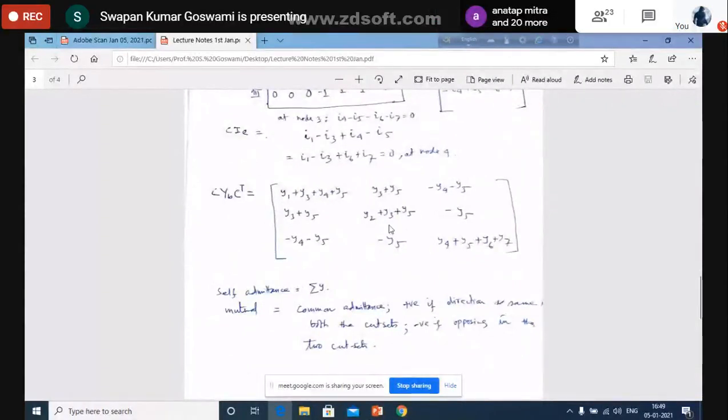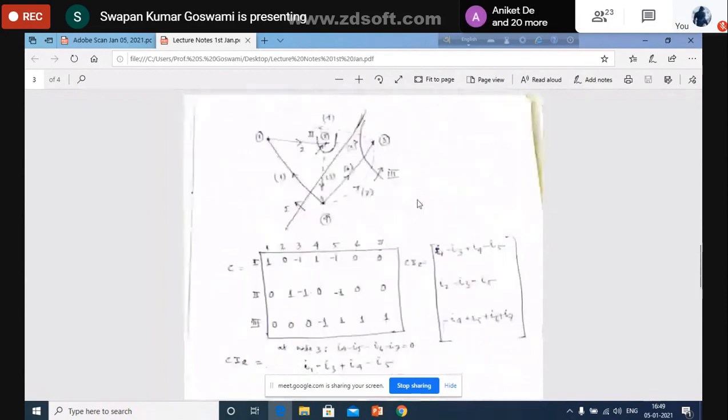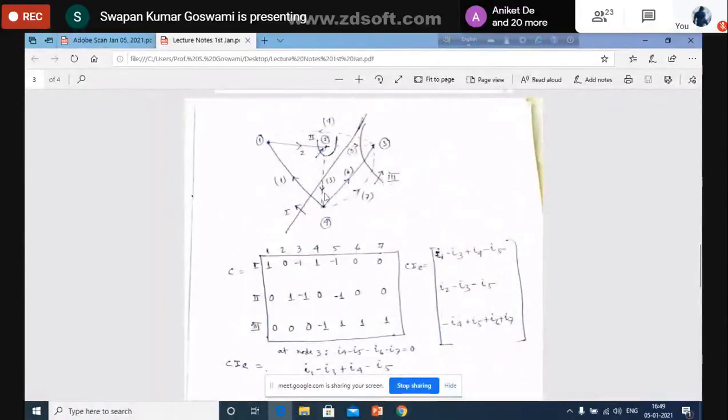So we can actually again compare this with respect to this one. Say y5, second row and third column. That means the mutual admittance between cursor 2 and cursor 3. See what is the mutual between cursor 2 and cursor 3. This is cursor 2, cursor 3.